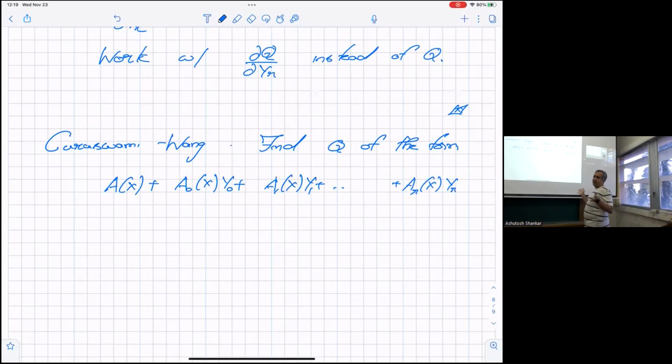So the things become cleaner here. That's all. Also all your counting and all of this becomes much cleaner.